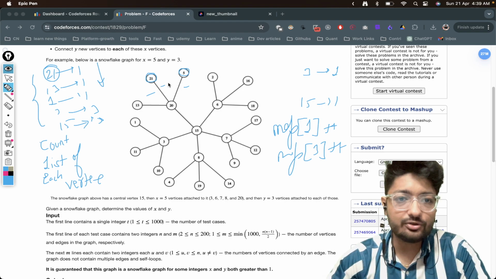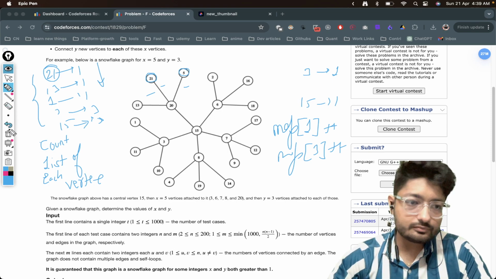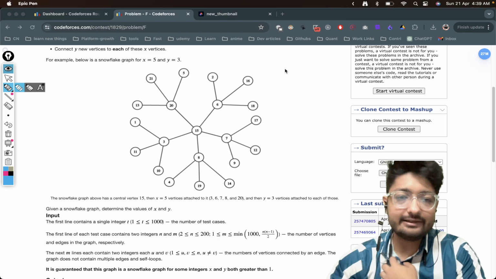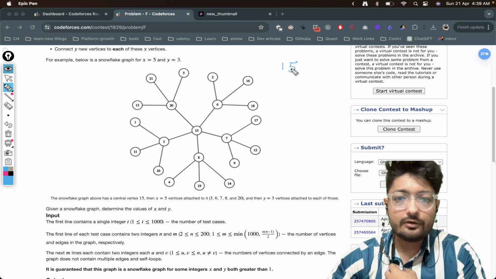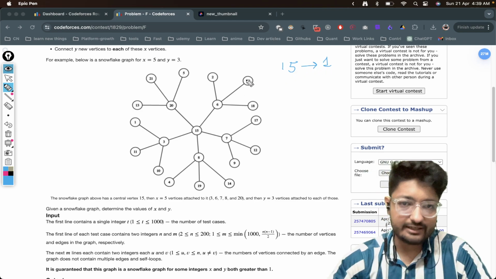So for this example, what we'll get as the final output after all this processing is that we have 15 vertices having one edge.